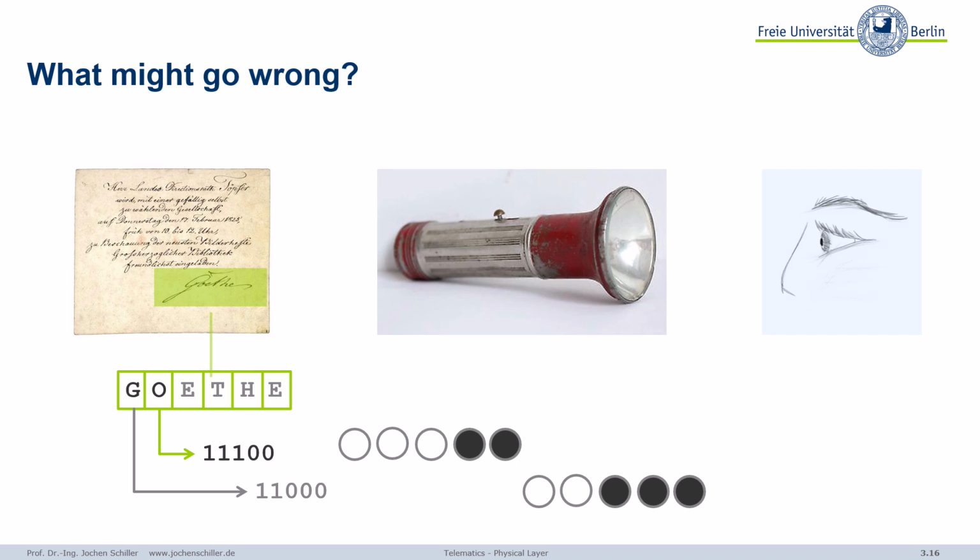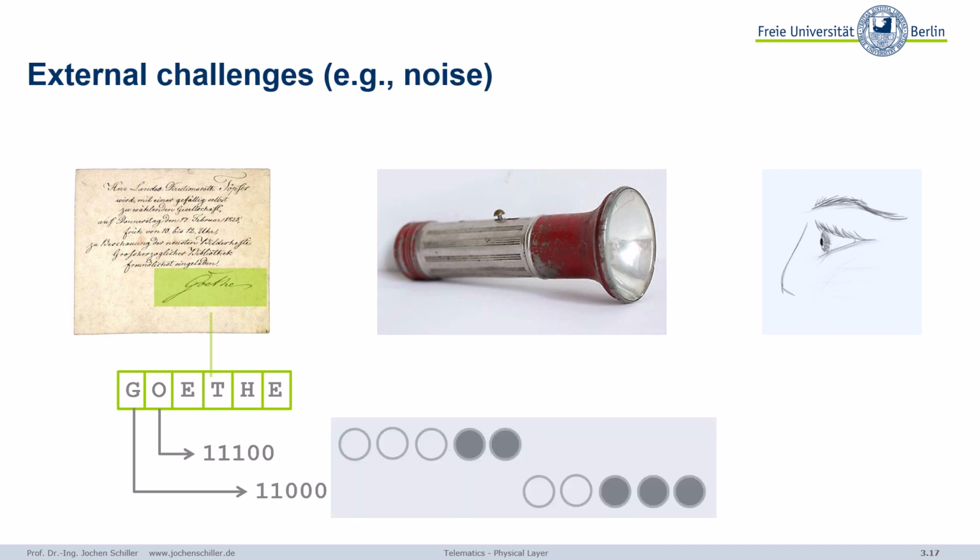This looks very simple. Think of the scenario: you have this text from Goethe and you have this flashlight, and now you encode it with light, light, light, and darkness, darkness. And then there's some fog in between. This fog creates, for example, noise or attenuation.